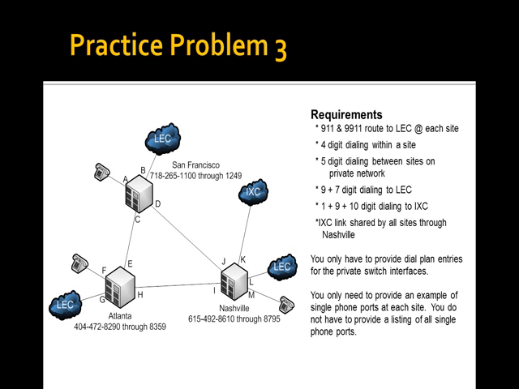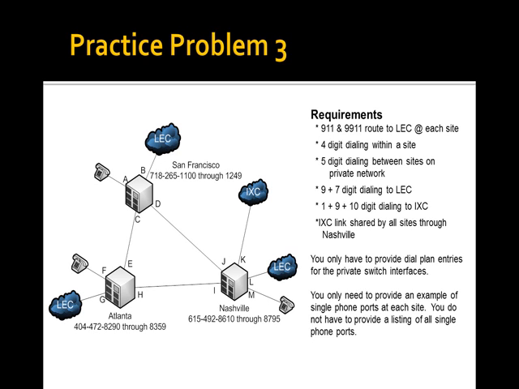Get on the private network at the 5th digit. We have 2 other sites on the private network. So what do I need to put at San Francisco for private network calls? Well, you need to use common nomenclature, right?